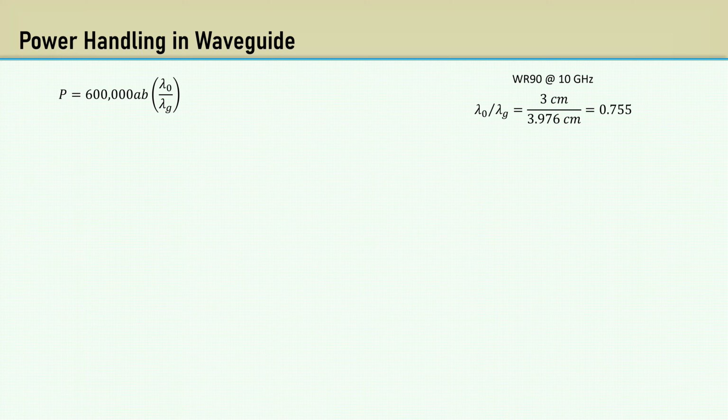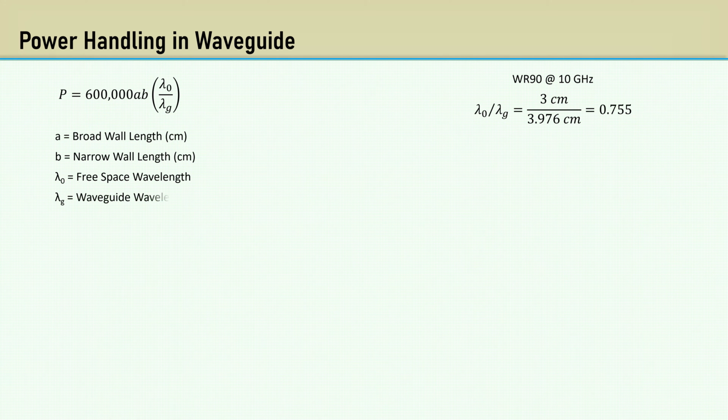Here's that power handling formula I showed at the first, where A is the broad wall length in centimeters, B is the narrow wall length in centimeters, lambda naught is the free space wavelength, and lambda g is the waveguide wavelength. Where did the 600,000 number come from? Well, it has the voltage breakdown in air at sea level baked into it.